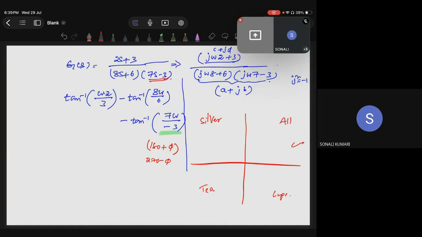Is this clear? Yes, sir. So just writing from here to here: first all angles of the zeros, then each pole angle with the minus symbol.